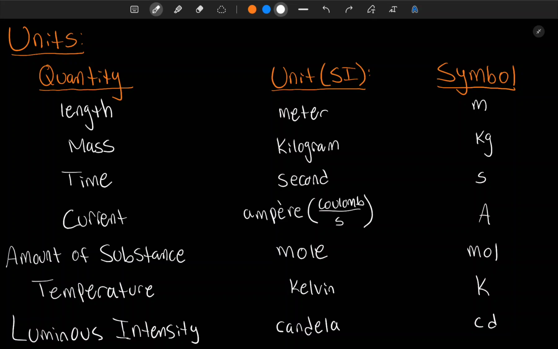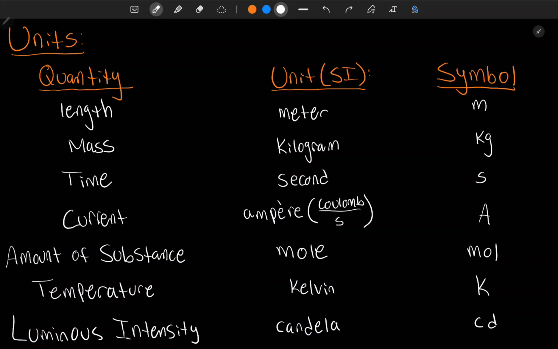This is a list of the most common unit system with which you'll be working on the MCAT. This is called the SI unit system, or the International System of Units, which was formulated in the late 20th century. All of these units measure certain quantities.